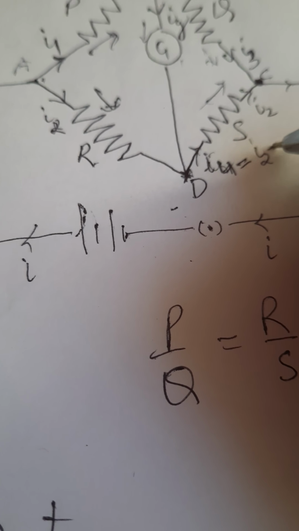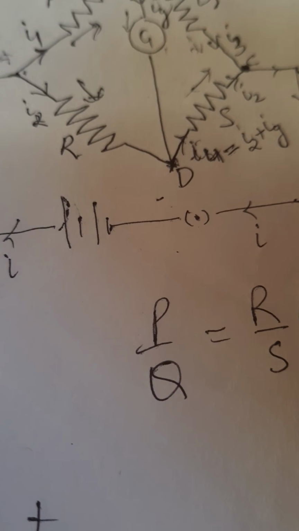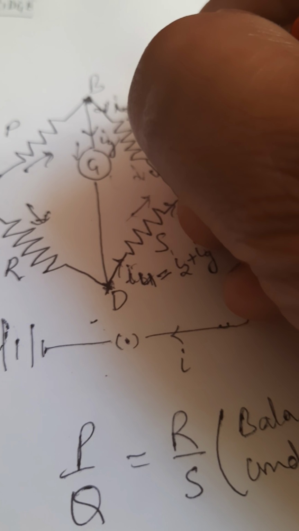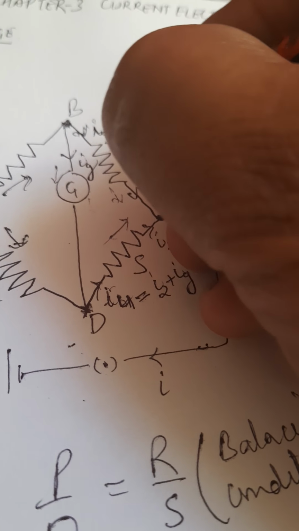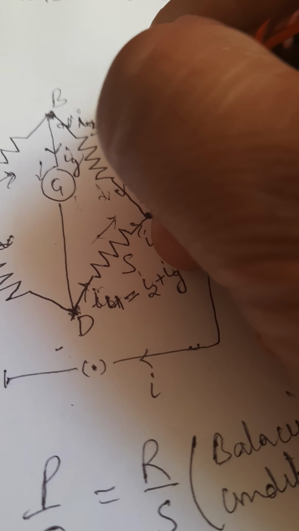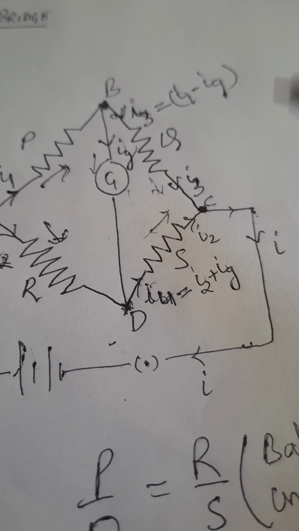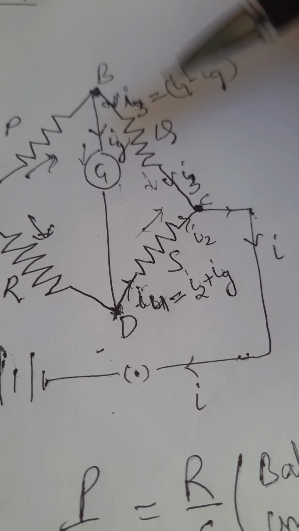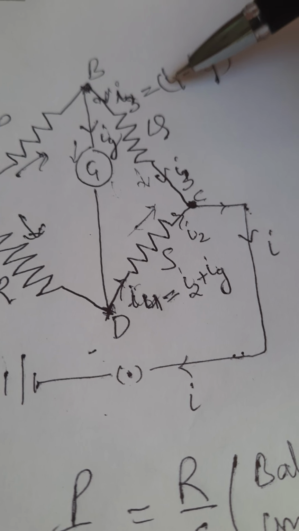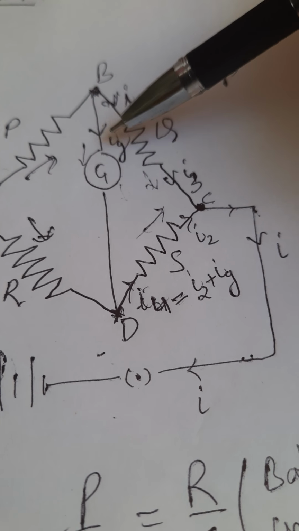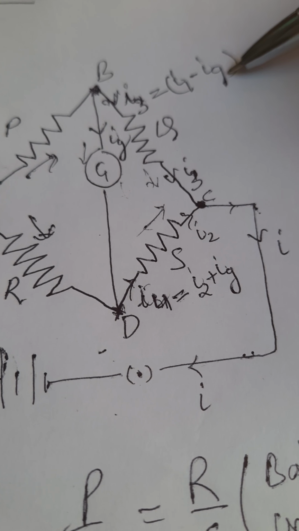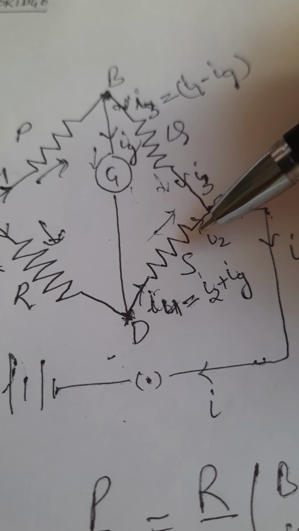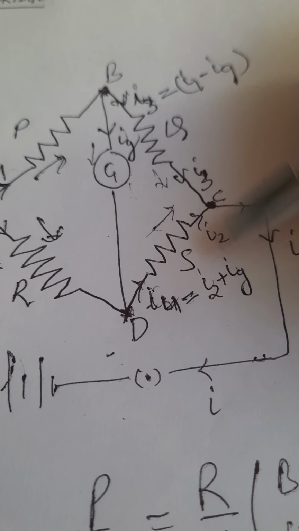Here I4 is equal to I2 plus Ig, and I3 is equal to I1 minus Ig. This should be very clear that if we consider from B to C, the current flowing is I3, which is equal to I1 minus Ig, and the current I4 which is flowing through S is equal to I2 plus Ig.